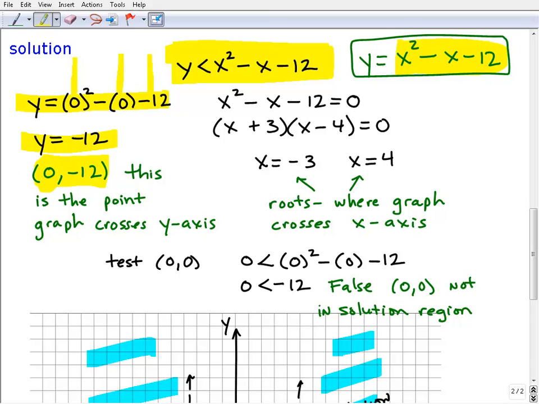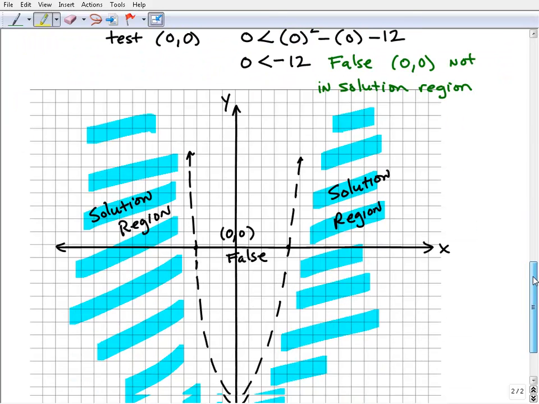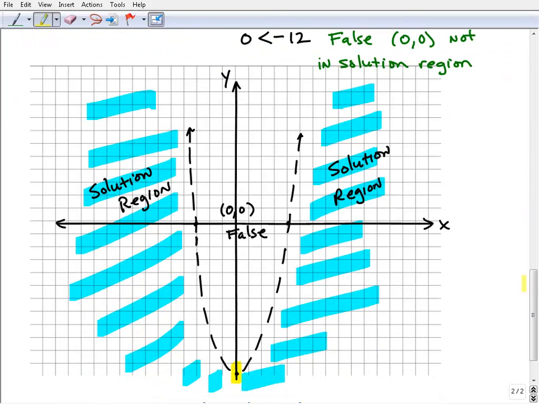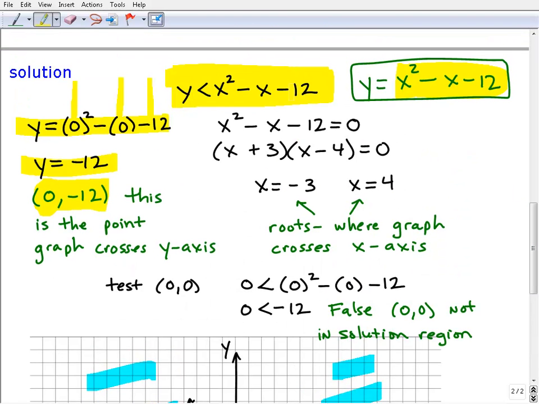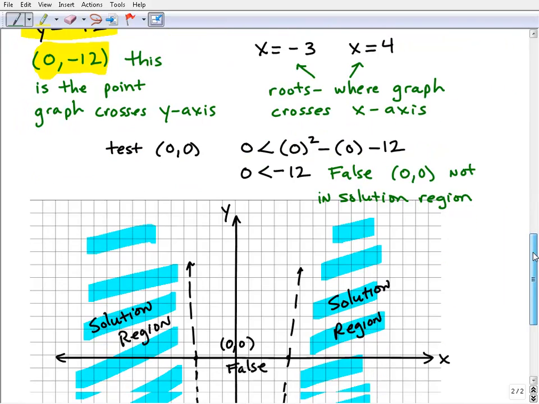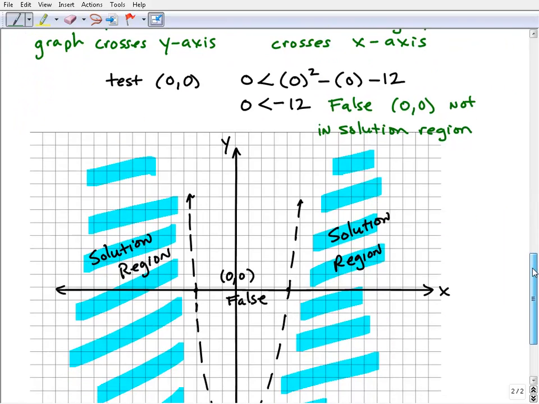So here is the point. When x was 0, y turned out to be negative 12, and this is what we call the y-intercept. So it's way down here. And based upon this quadratic inequality, it's positive, so I know it's going to be an upward parabola. So this is the basic graph of that parabola.